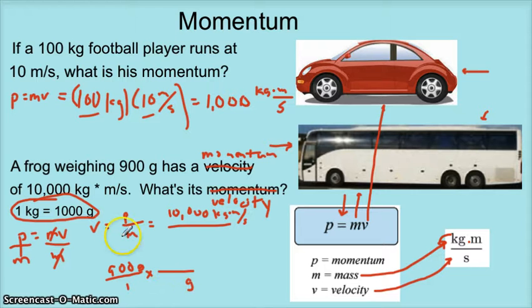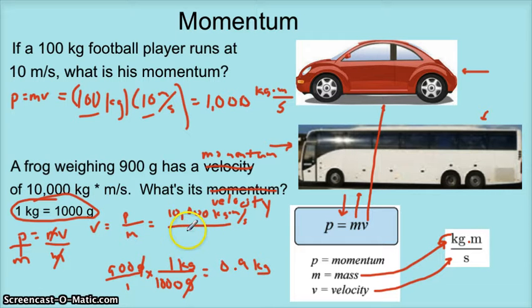So I put 1,000 grams here equals 1 kilogram here. The grams cancel, so you're left with 900 on the top. 900 times 1 is 900, divided by 1,000, which is a simple 0.9 kilograms.